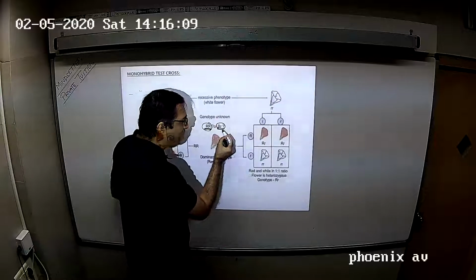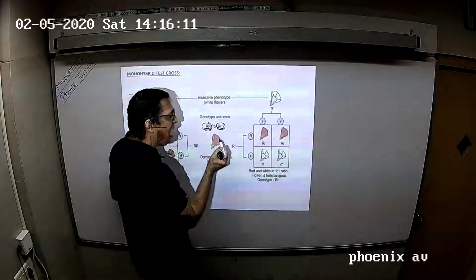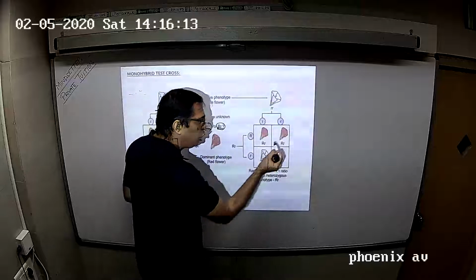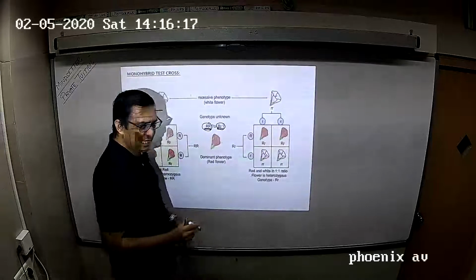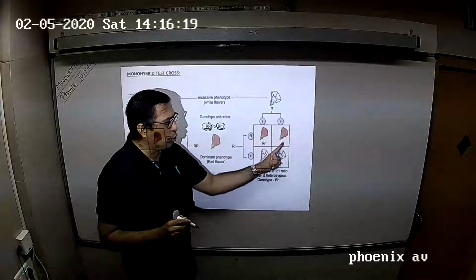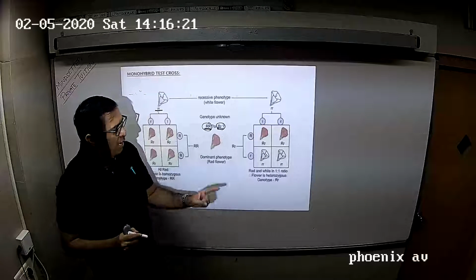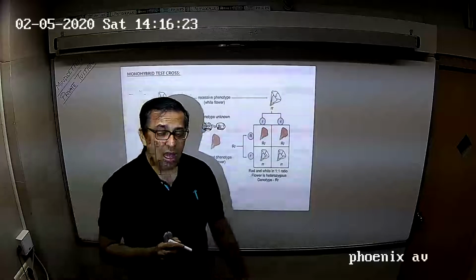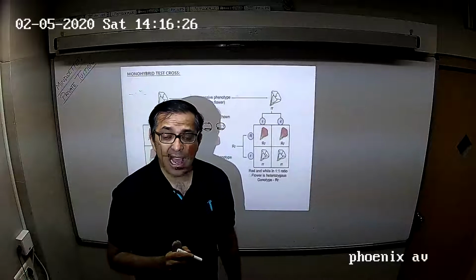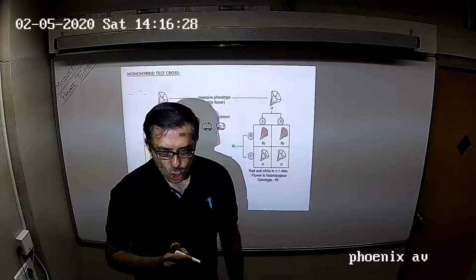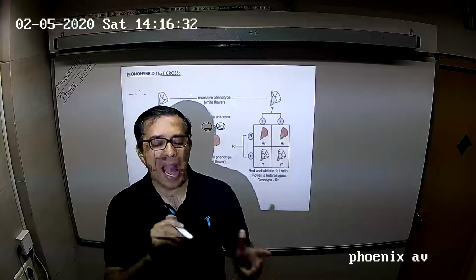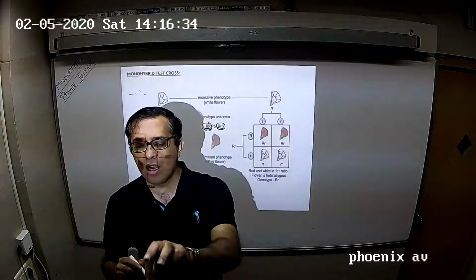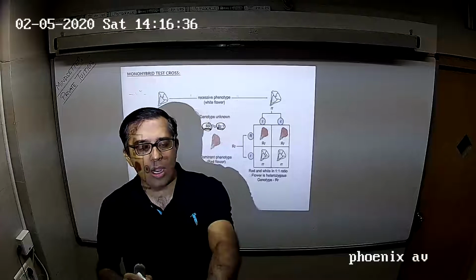And if you get a ratio of 2 reds and 2 whites, 2 dominant and 2 recessive, then that ratio of 2:2 or 1:1 proves that the plant is a hybrid. In other words, it's a heterozygous plant. So what is this phenomenon called? A test cross or a back cross. And this was Mendel's final work.